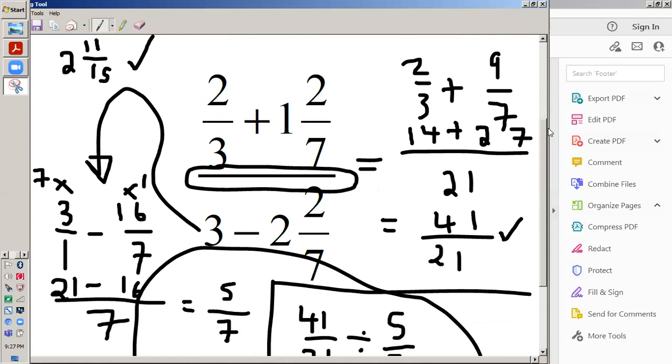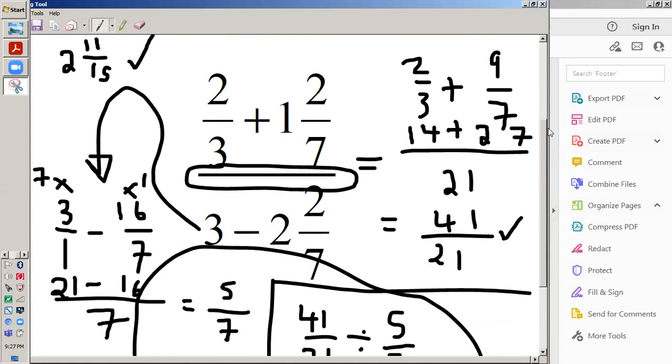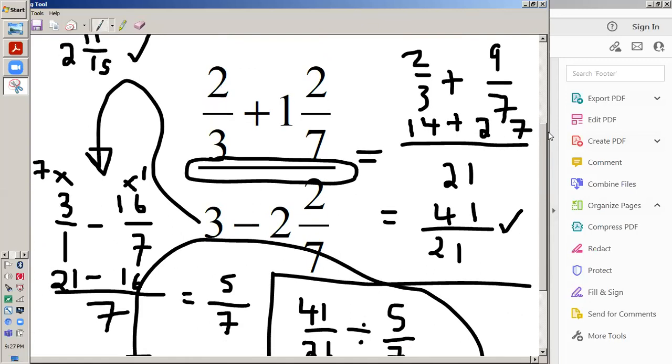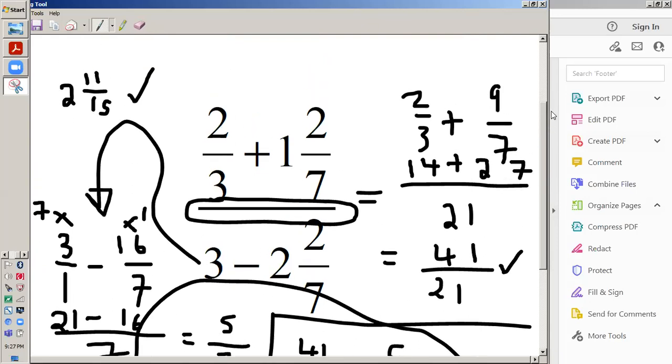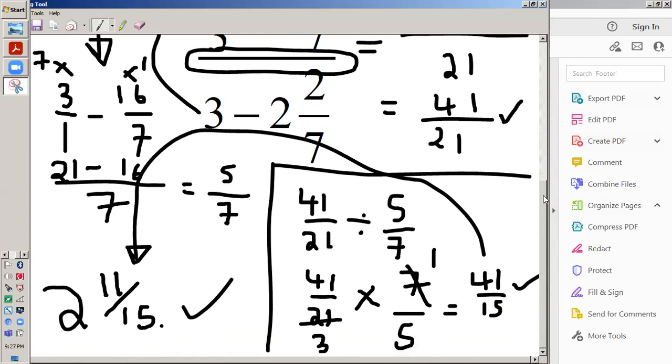I believe where I went wrong is the fact that I tried to simplify. So that 2 and 11 over 15, how did you come up with that? Hold on. The 2 and 11 over 15 is coming from the final answer. Did you answer how we get this? Yeah, I simplified, so I didn't get that.